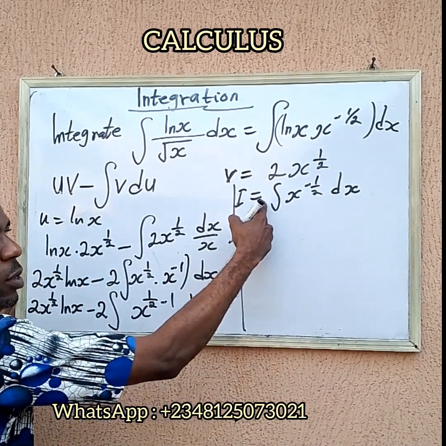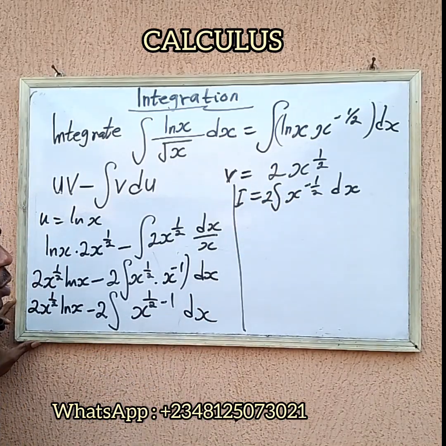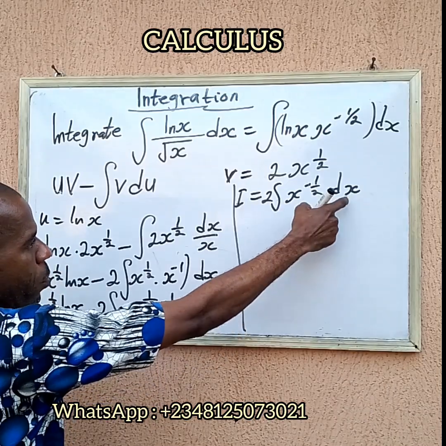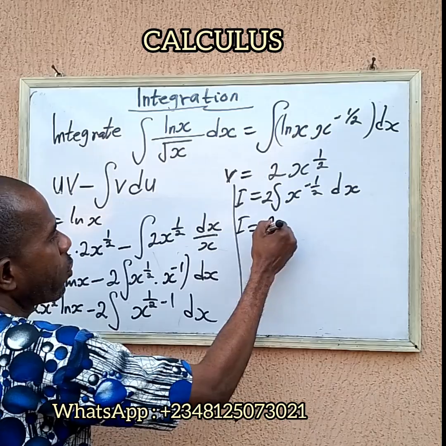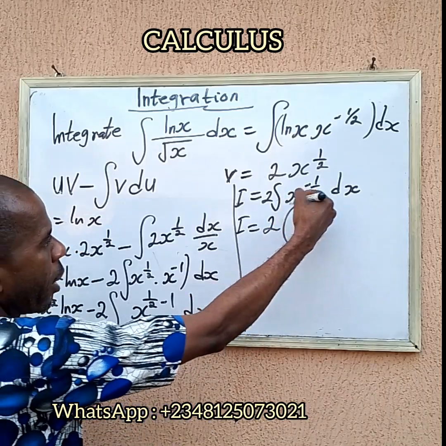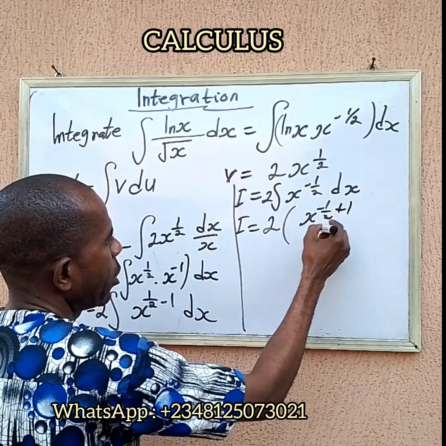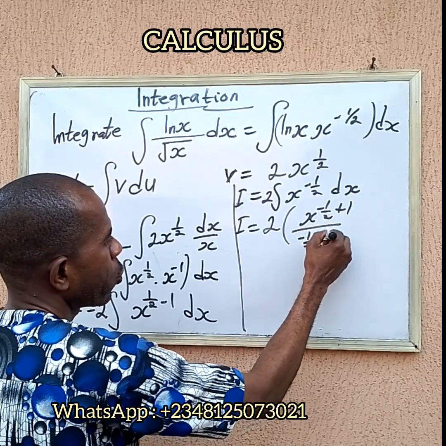Because we're having 2 outside here, let's put the 2 there. Okay. Now we're still going to integrate this with respect to this x. So we have your integral now becomes, we have 2 into, as usual, x raised to power negative half plus 1. Then all over negative half plus 1.